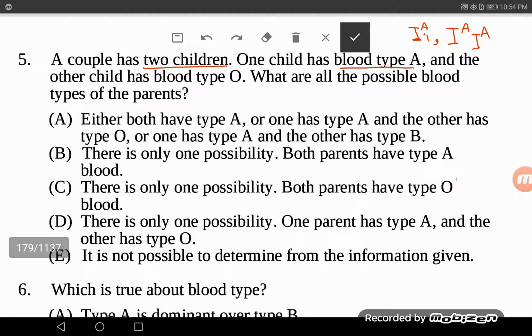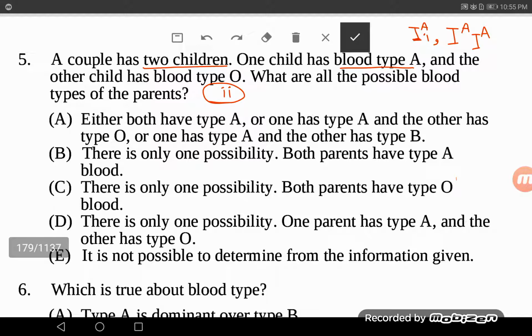The other child has blood type O, and we know that the O blood group is always recessive. When it is O, we have two alleles for O. We write it as a small i. It's a recessive allele, a recessive phenotype.